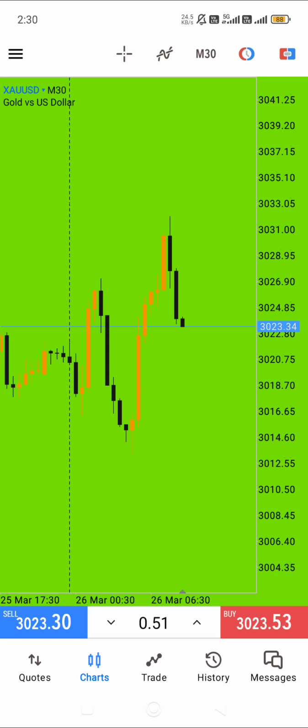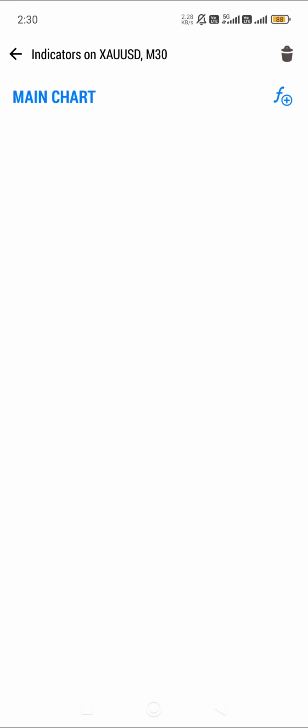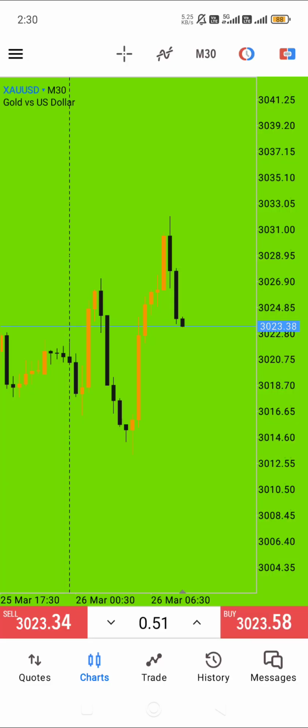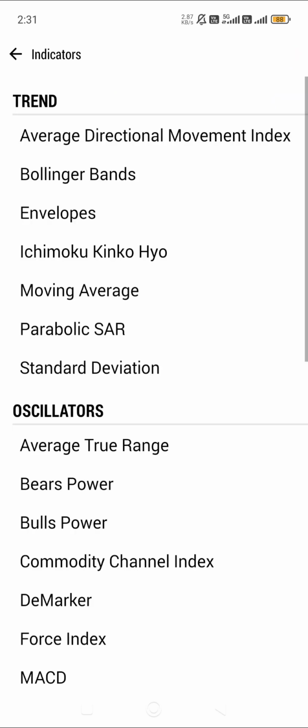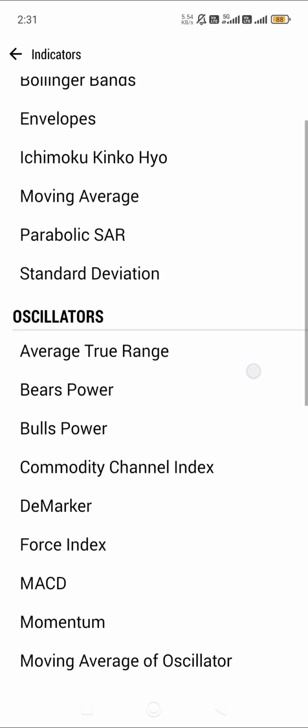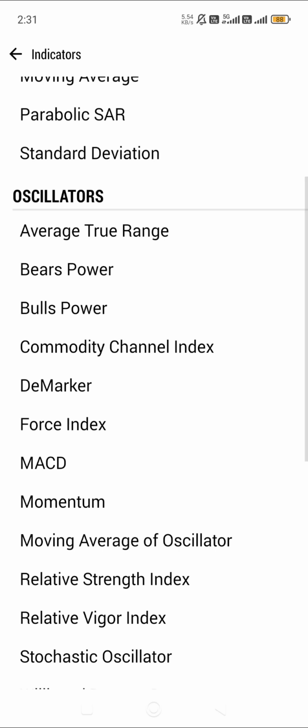Right now gold at 3023 is in bearish mode on the 30 minutes time frame. Okay, I will set up the stochastic oscillator. Keep the chart, click here and then go to the stochastic oscillator.